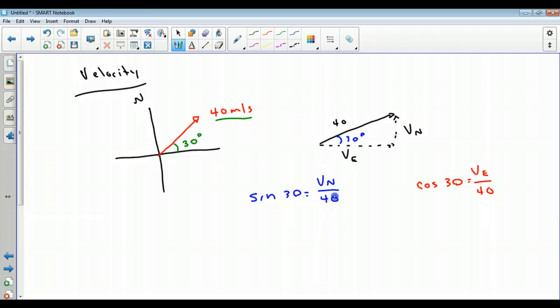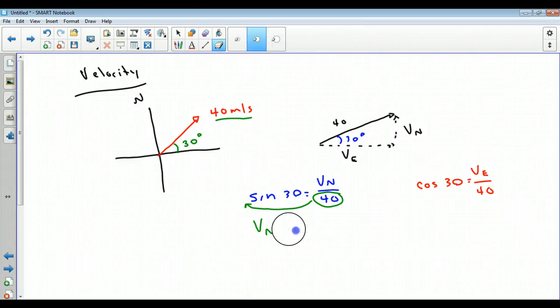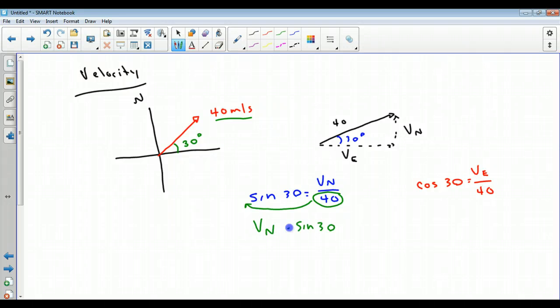So now we solve this, we bring the 40 in each of them over to this side, and we're left with this, that Vn is equal to 40 times the sine of 30.